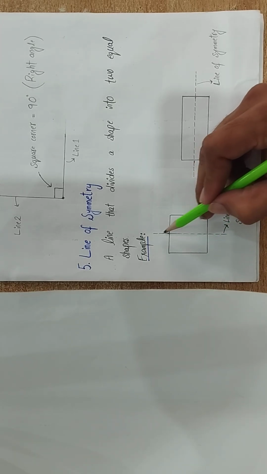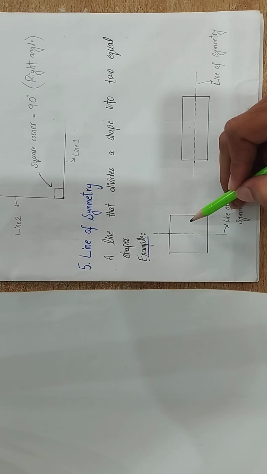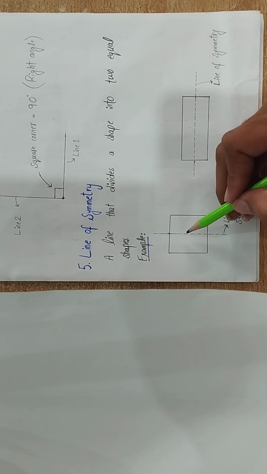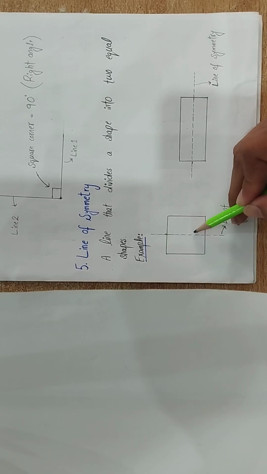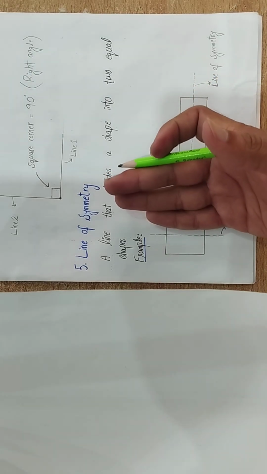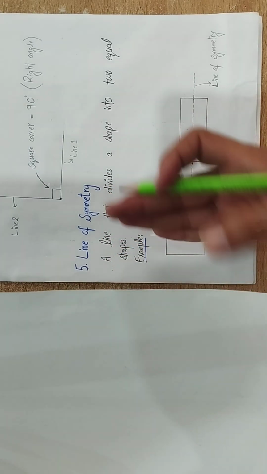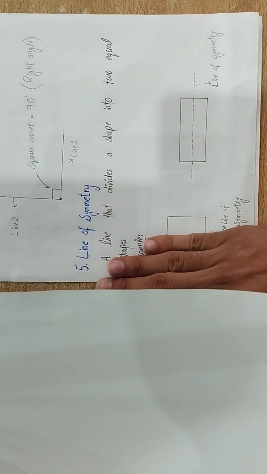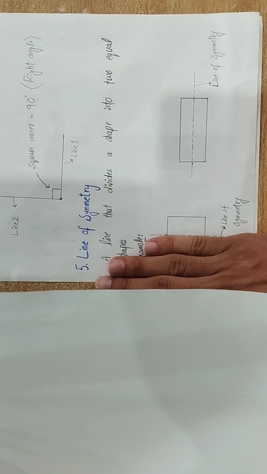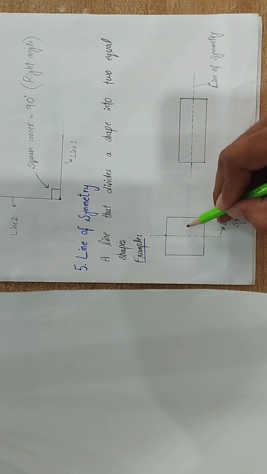Now this line is dividing this square into exactly two equal parts, which means if I fold this part, which is on the right side of this line, along the line on the other part like this, if I fold this right part like this along the line, on the second part which is on the left side, they will exactly fit onto each other.